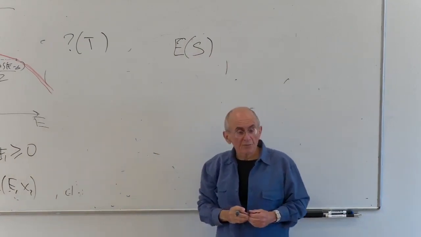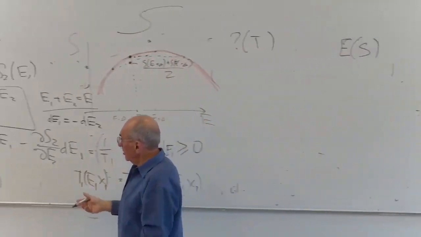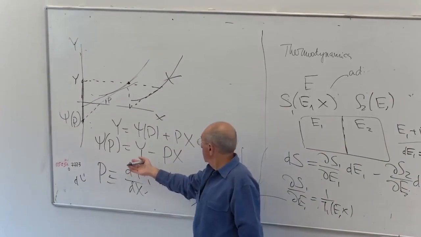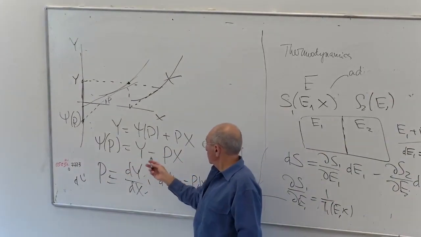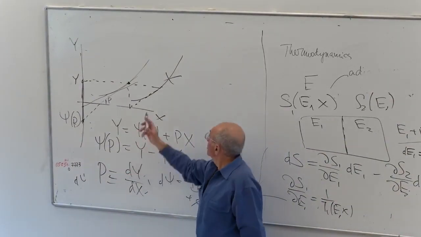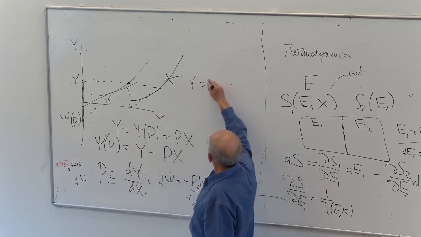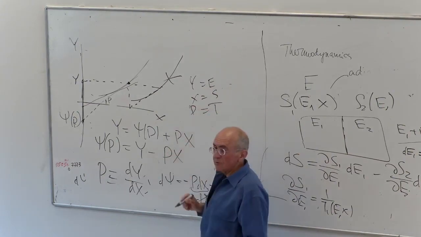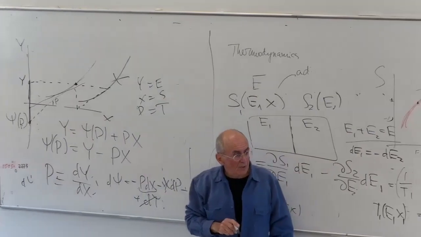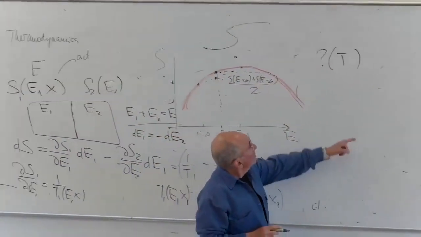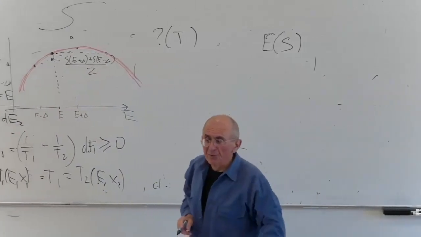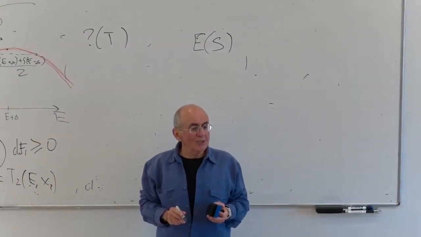It needs to be done by Legendre transform. What is Legendre transform? It tells you, take your original function. So now your y is your energy, your x is your entropy, and your p is your temperature. Is it clear? So what should I write here? Well, this function, I don't want to write it because then we would immediately know what it is.